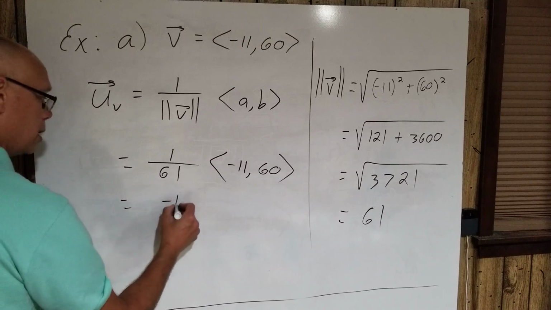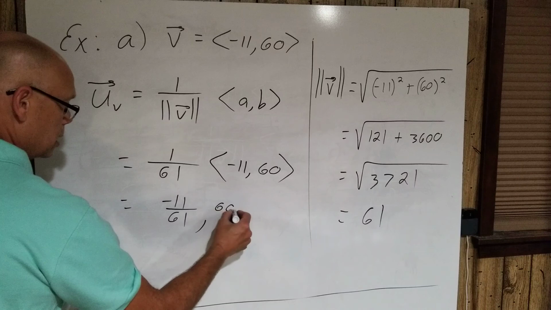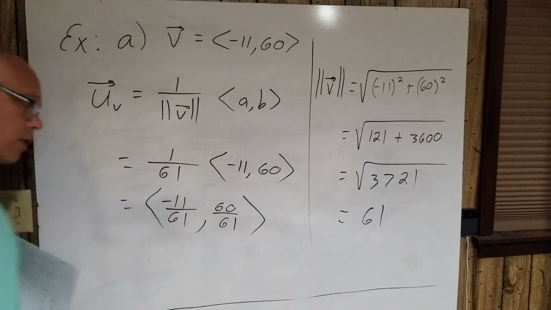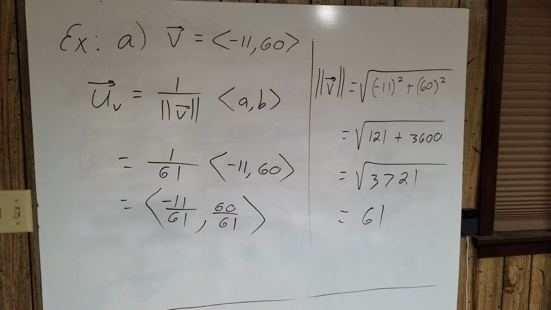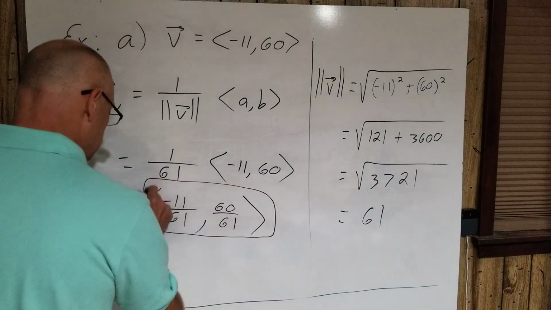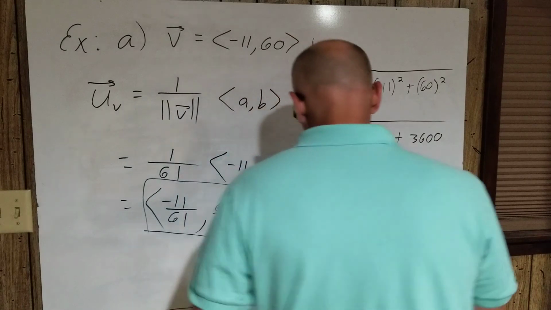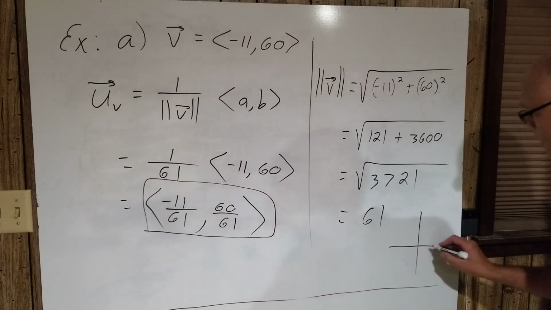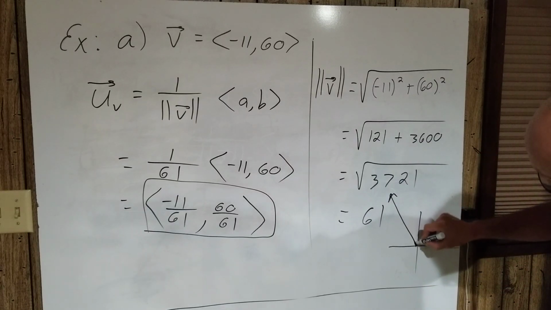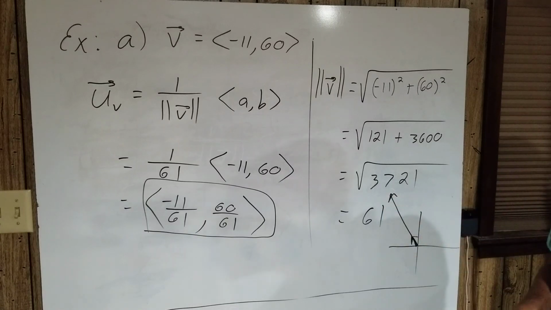So that gives us -11 over 61, 60 over 61, and this is a vector in component form, so we're going to put that. So this right here, yeah, it's my answer, but it's a unit vector the same direction as that original vector. Remember earlier whenever I drew that original vector, it was like way over here? Well, now we have a vector that's 1 unit long in the same direction as that original vector.